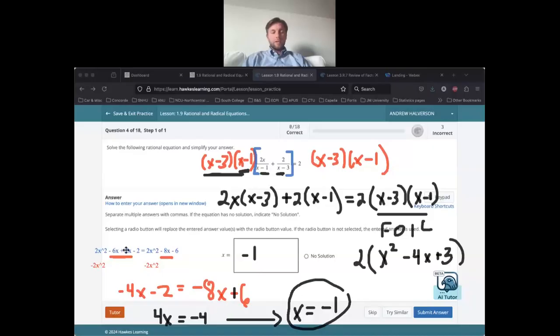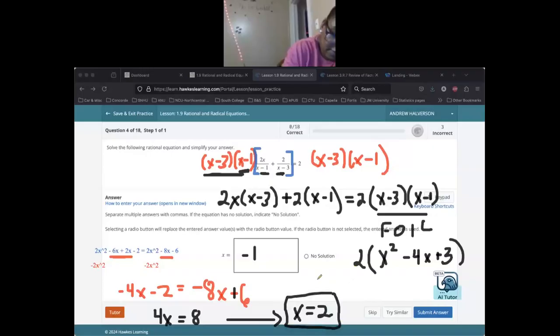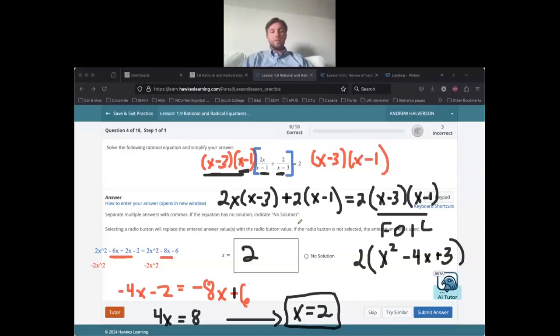So the only thing that changes is it becomes plus 6. So when I add 2 to both sides, it gives me 8, leaving me an answer of 2. Whew. Not that big of a mistake, thank God. So the answer is 2, and fortunately it doesn't make either of the denominators 0. So that's our answer.